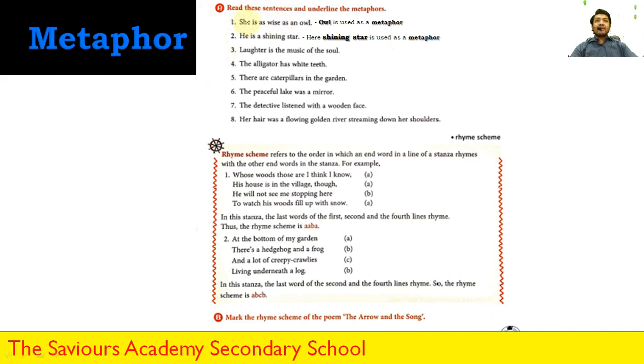Okay, so now we go through the things. For example, I have done two for you. Read these sentences and underline the metaphors. She is as wise as an owl. Owl is used as a metaphor. He is a shining star. So here, shining star is used as a metaphor.